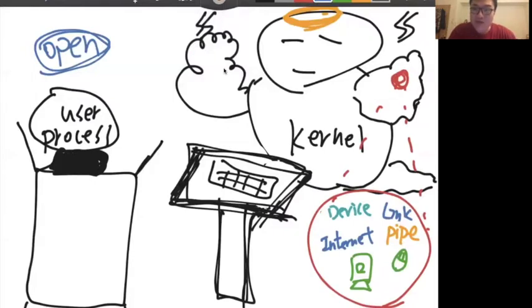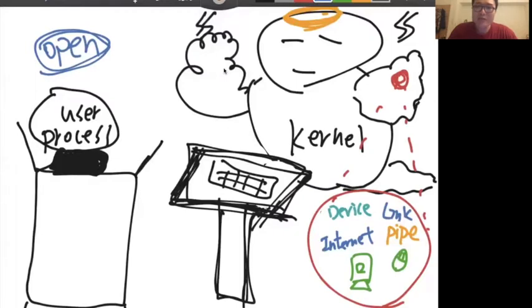Actually, it also uses the system call open to implement the library functions you need. For example, you want to do a printf or scanf, how is it done? Inside the library function, they use open to open the I/O device, the screen as an output, the mouse or keyboard as your input. They open these devices as files inside the library function. Then you can use fancy library functions like printf and scanf to access these files.